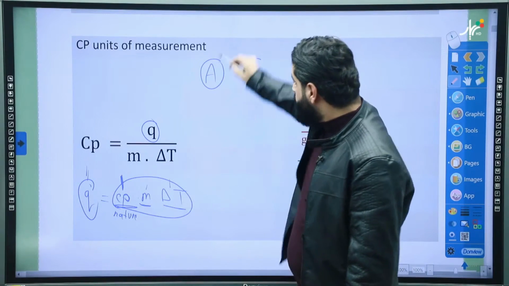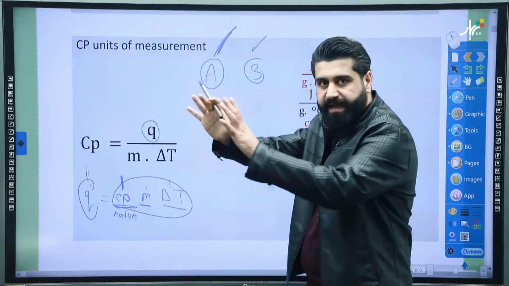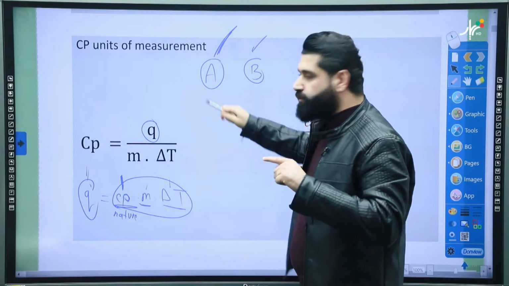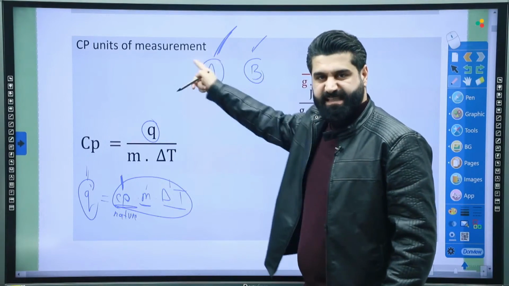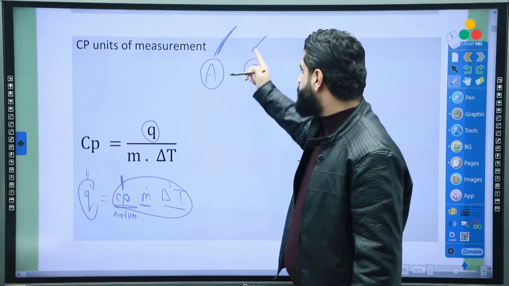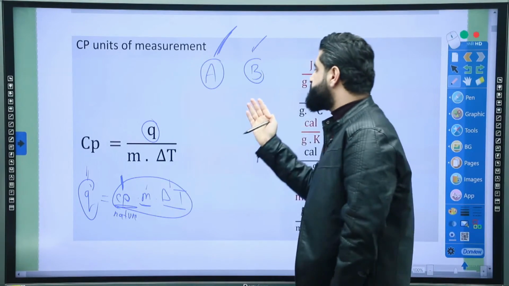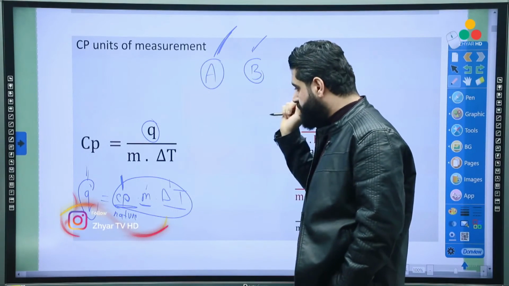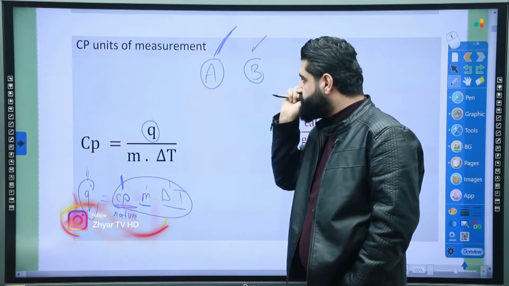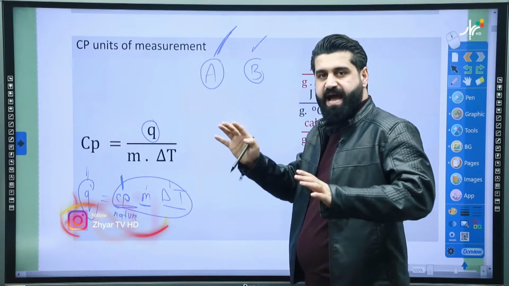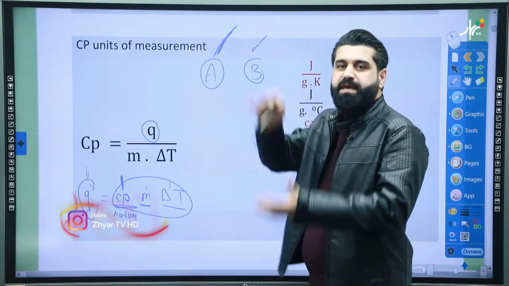Which one absorbs more energy? The one with the bigger value of Cp. Remember, it was a question from last year. We have two substances, A and B. Which one absorbs more energy? The one that shows bigger Cp.